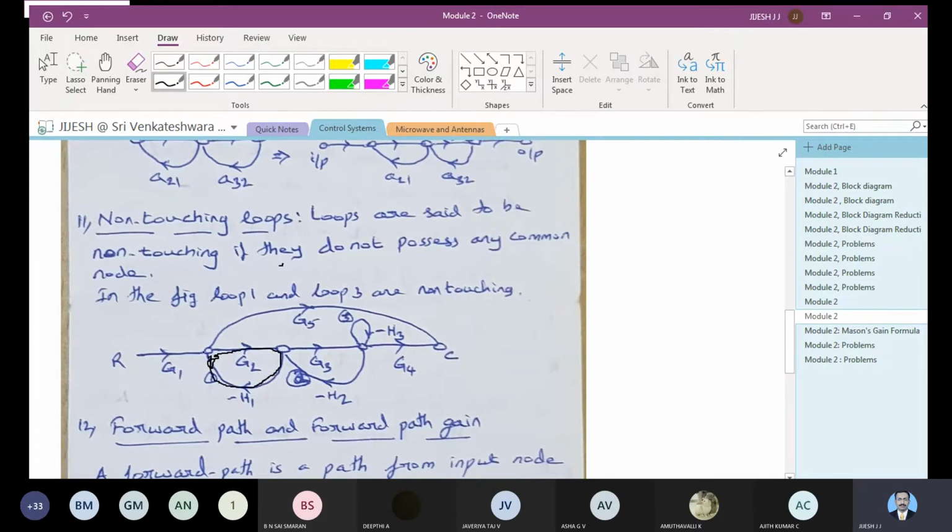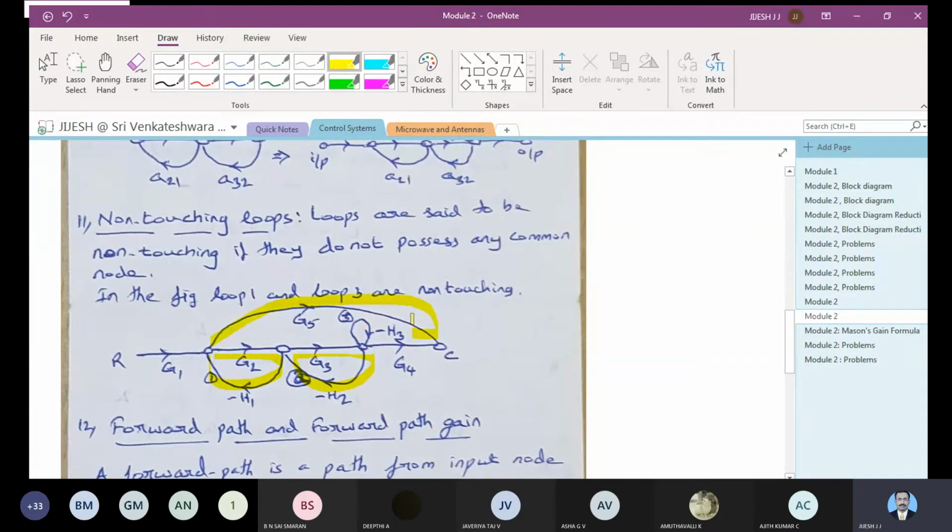Which is the other loop? You can see that this is the loop, G3H2. So this is one loop. This is another loop, already I have told you this. And this is another loop. Are there any other loops? Is it possible to have a loop like this?